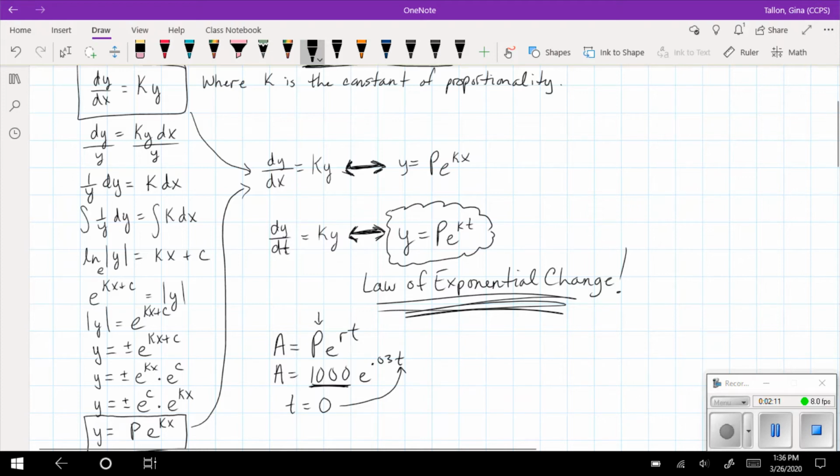Same thing happens up here. The P that's in this top equation up here ends up being the initial amount. And for the same reason, when you let t equal 0, the initial amount would end up being the P, because when you let this t value right here equal 0, then anything times 0 is 0, and then e to 0 turns into a 1, and you just end up with y equals P. So the initial amount, again, is your P value.